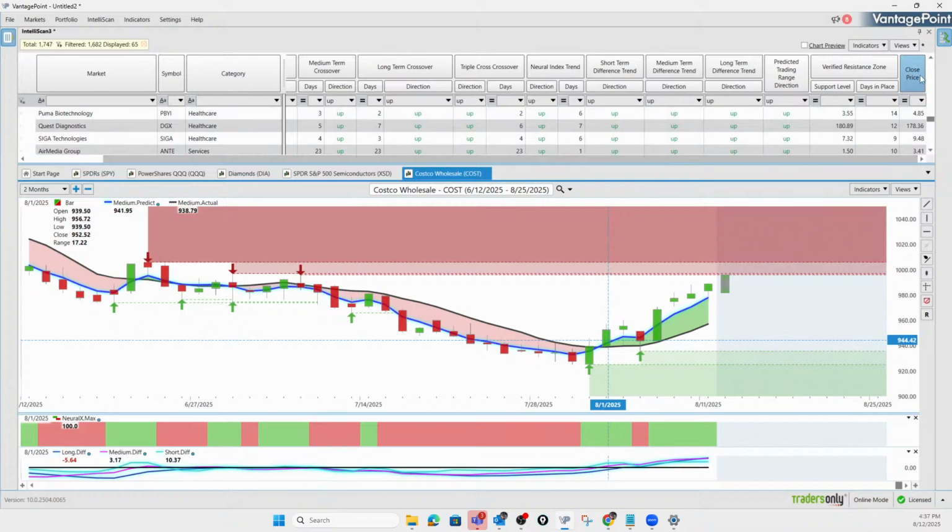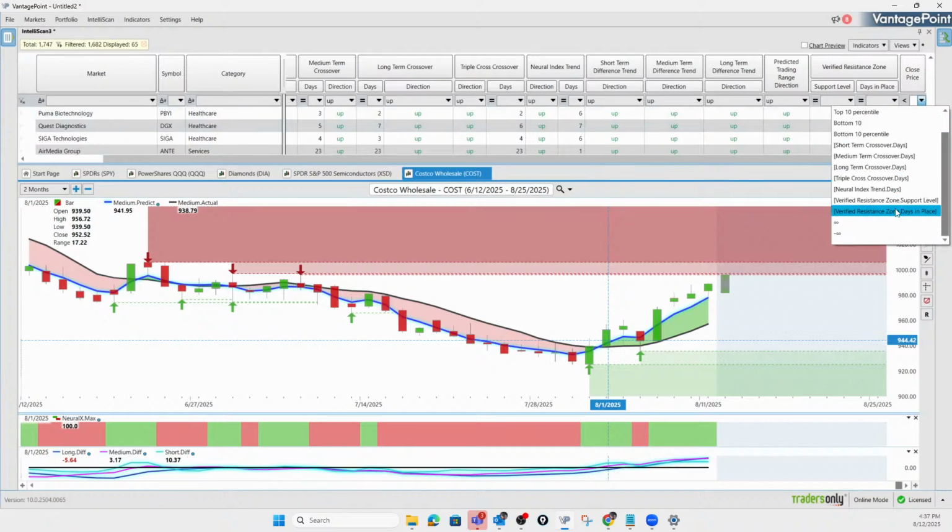And so now we've added also close price. I referenced close price being right up against that resistance level. So this is a very strategic way to start looking for different types of opportunities. So if you wanted to look for a close price that was maybe below that resistance level, right?